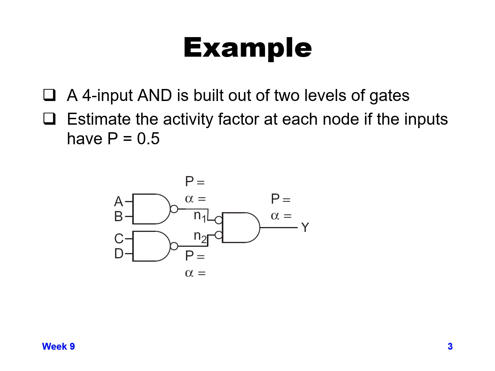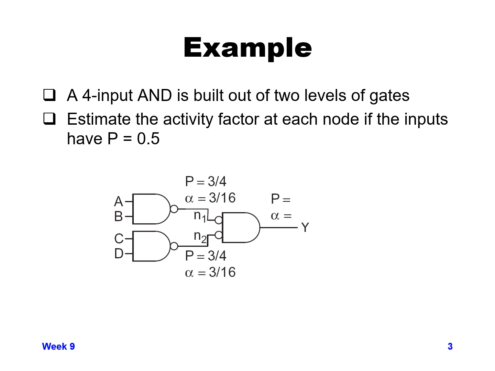Our activity factor is going to be 3/4 times 1 minus P, which is 1/4, so 3/4 times 1/4, and we get our probability of being high is 3/4, our activity factor is 3/16.